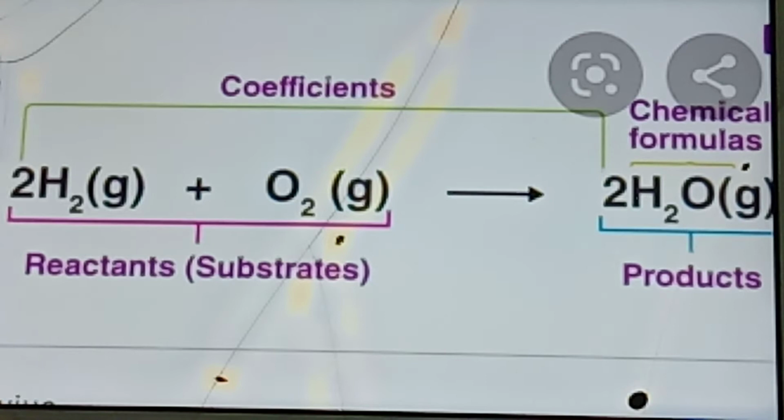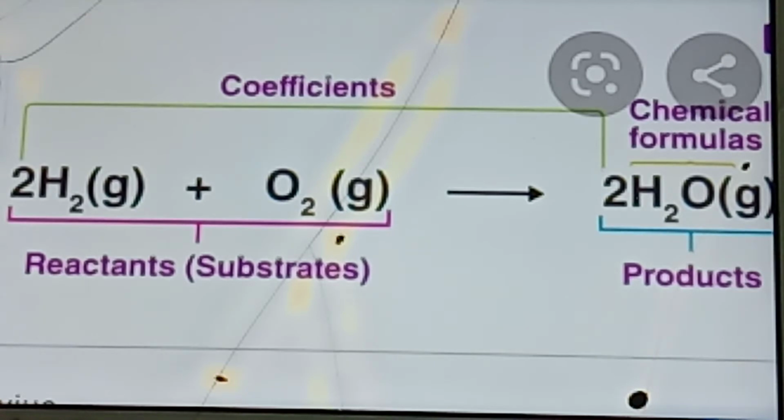Next one is the chemical equation. A chemical equation is a short representation of a chemical reaction with the help of chemical symbols and formulas. Every chemical equation has two components.